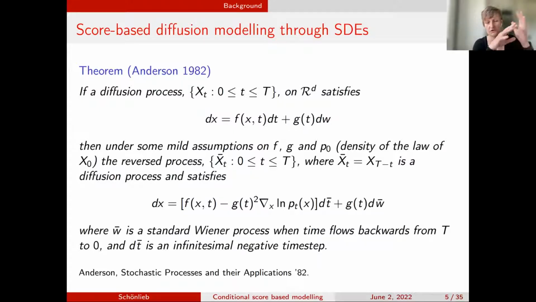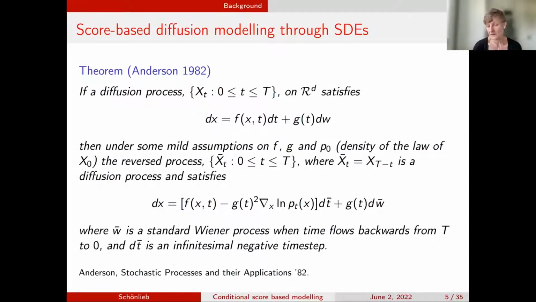Right, so this is a result that is relatively old, but the idea of why this could be interesting for image generation is, imagine you have a data distribution that you start out with, let's say a set of images, and then you send them through this forward diffusion process, and this forward diffusion process maps them to another distribution at time t equals capital T. Later we will call this your prior distribution, that you usually choose to be a very simple distribution, like a normal distribution.